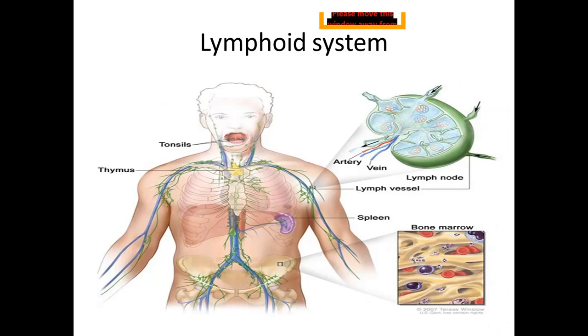The primary includes the thymus and bone marrow, while the spleen, lymph nodes, tonsils, and the diffuse lymphatic system fall under the secondary lymphoid system.